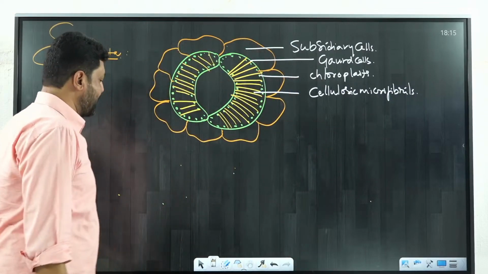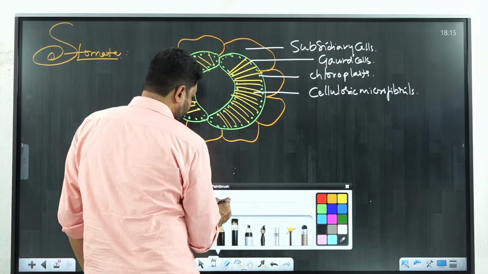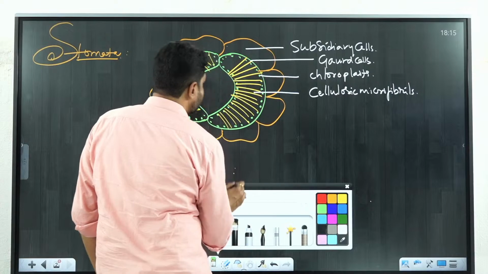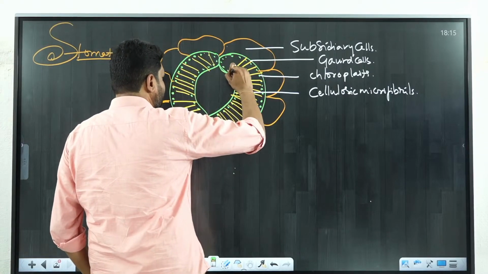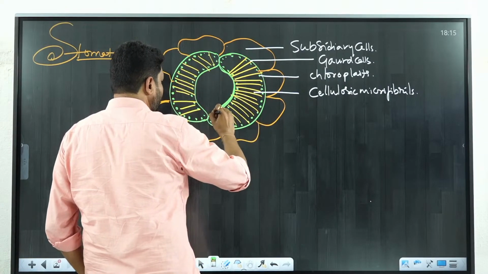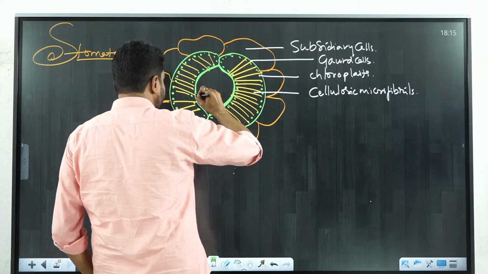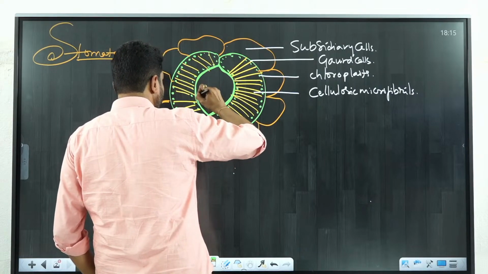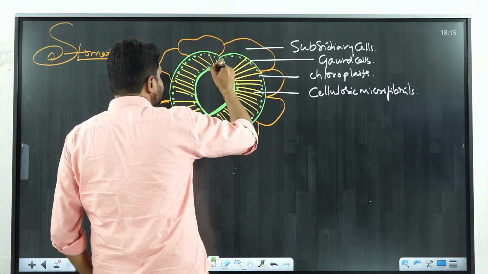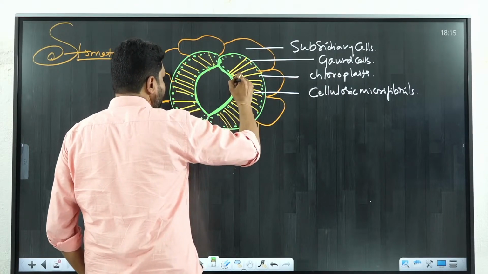Let me tell you something about the most important feature of the guard cells: the inner wall of the guard cell is thick and elastic. This is important. The inner wall of the guard cell is thick and elastic.